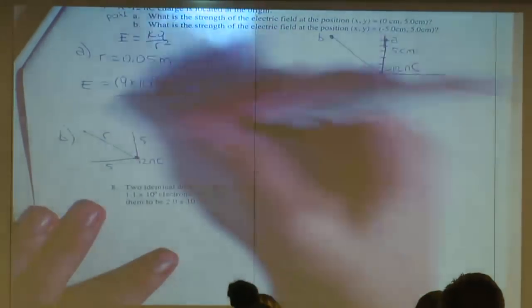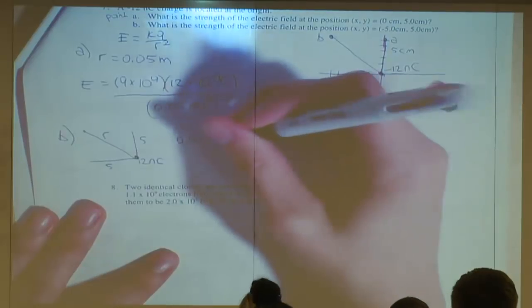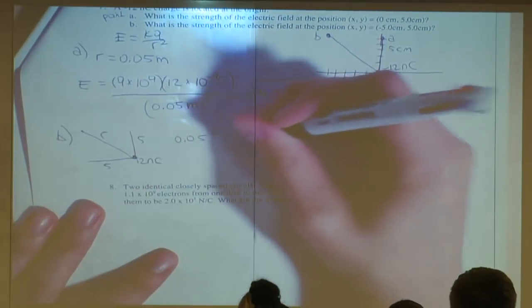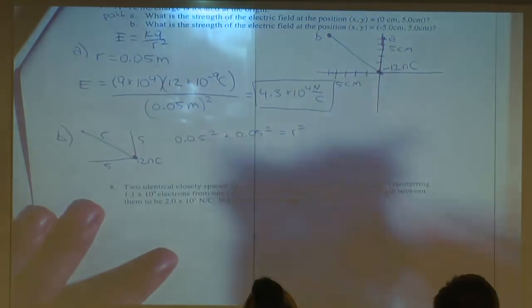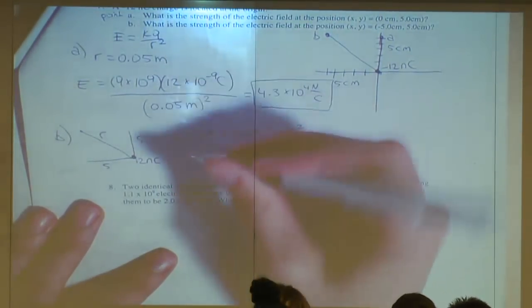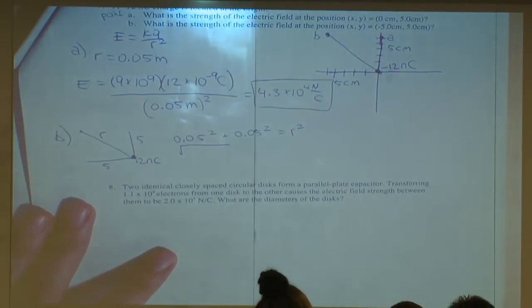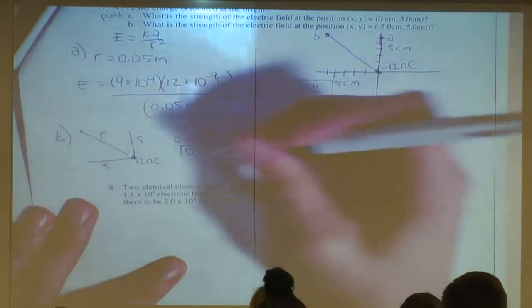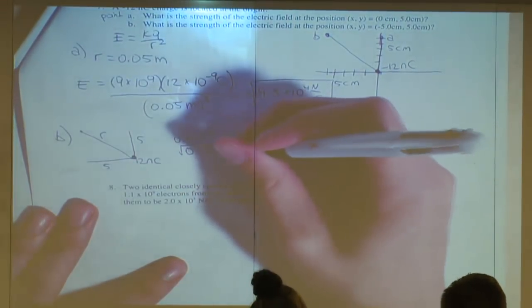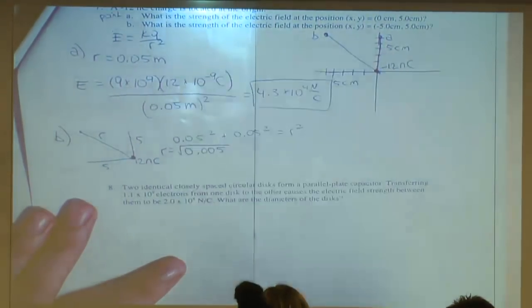So basically 0.05 squared plus 0.05 squared equals R squared. I'm just going to leave it under the square root sign because we're going to have to square it anyway, since R is squared in the equation, just to make it a little easier. So it's going to be the square root of 0.005. So that's what R equals, not R squared.